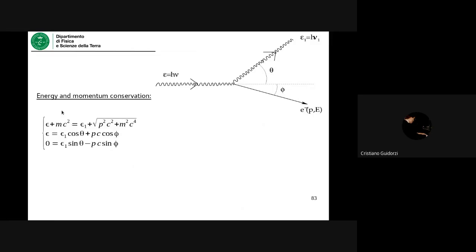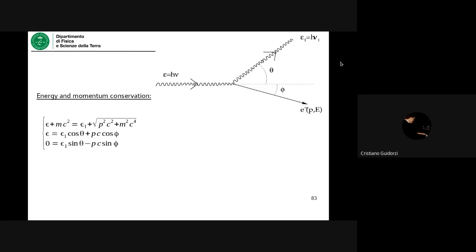So let's have a look at all the unknown variables. We have 3 equations. And what are the unknown variables? Well, you have epsilon 1, P, theta, and phi. So it means that there is no unique solution. What does this mean? It means that any possible value, for example, of theta, in principle is possible. But once you fix theta, you immediately end up with a given solution.